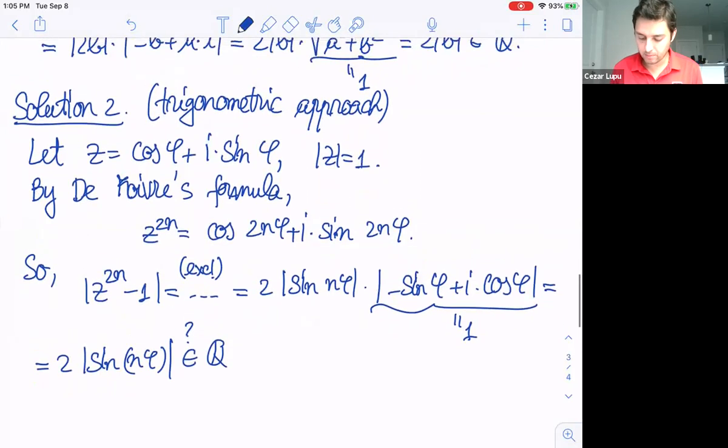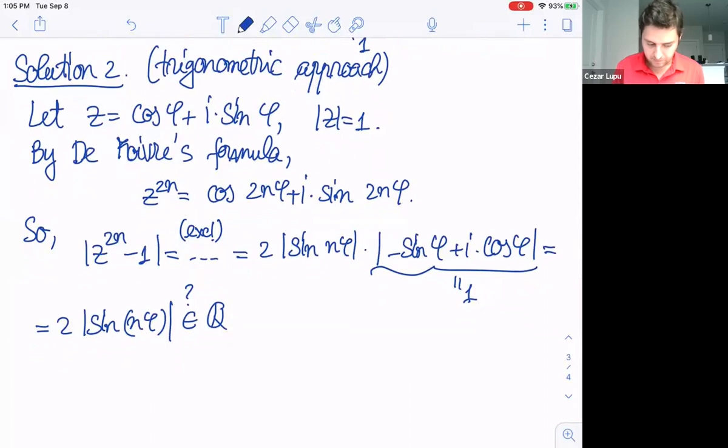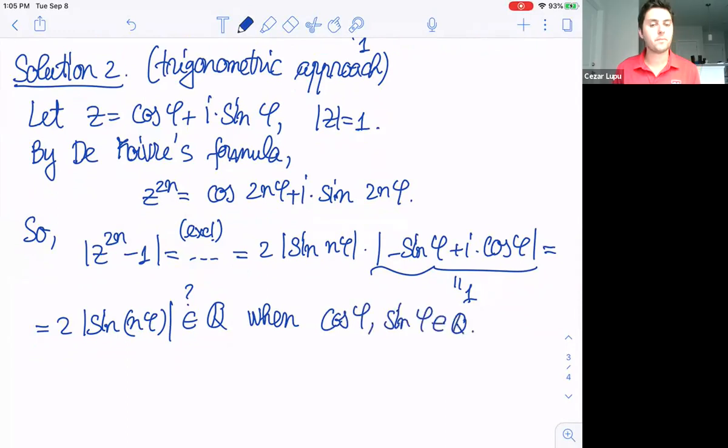For example, we said at the beginning that we have to show this is irrational when cosine of phi and sine of phi are both rational numbers, right?